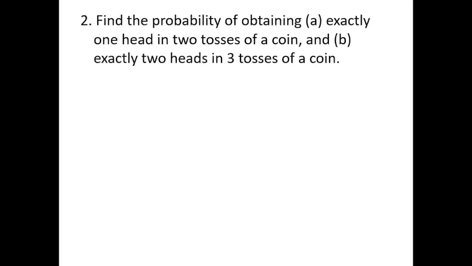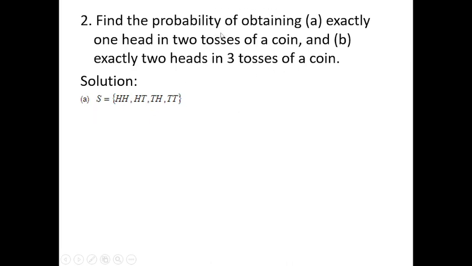So, number 2. Find the probability of obtaining exactly one head in two tosses of a coin. And B, exactly two heads in three tosses of a coin. When we say exactly one head in two tosses of a coin, for our solution, let us first list all the possible outcomes of the random experiment.